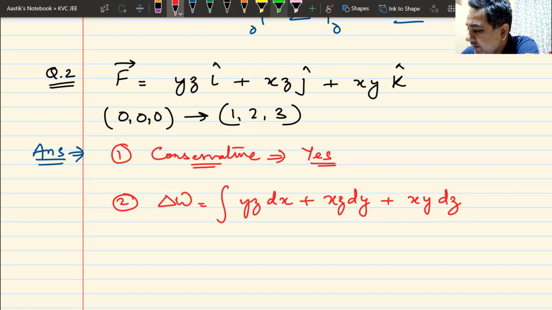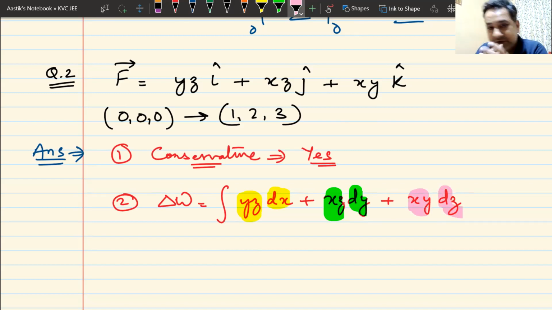With y and z, I have dx. With x and z, I have dy. With xy, I have dz. So they are all unrelated to each other. But what do I do? I just take them out and integrate them separately, assuming that the rest of them are constants.